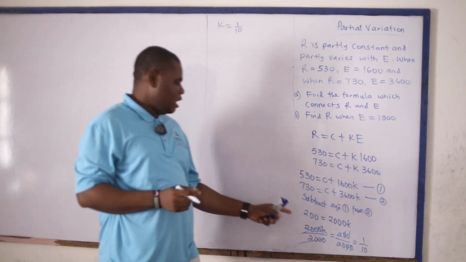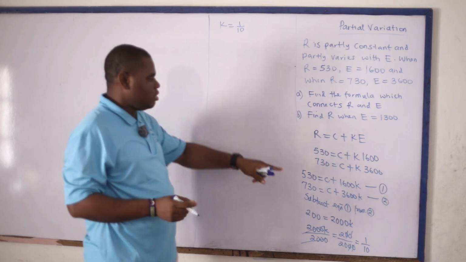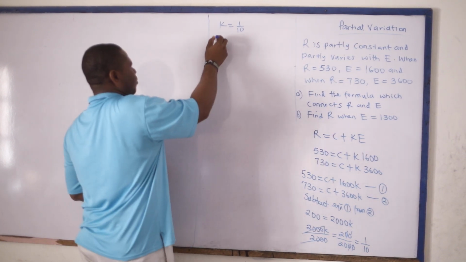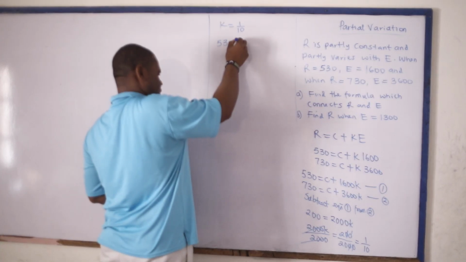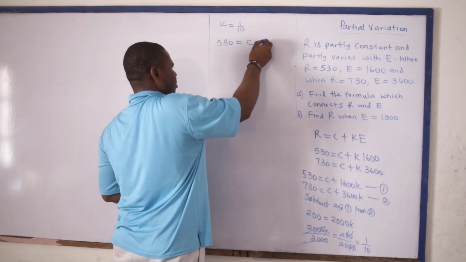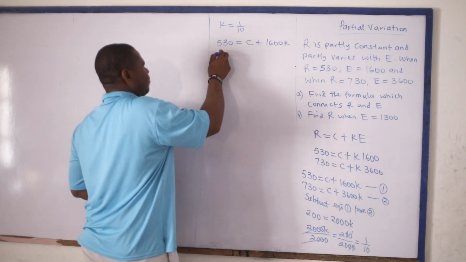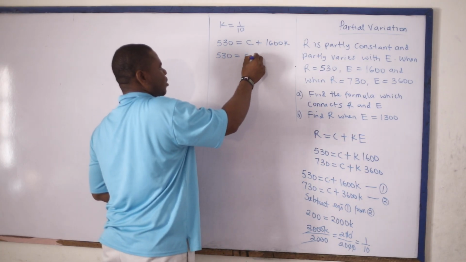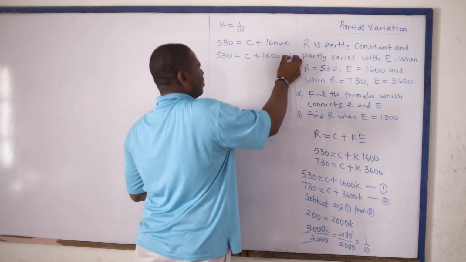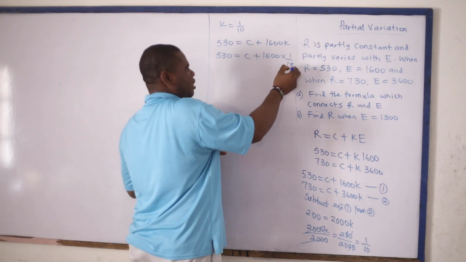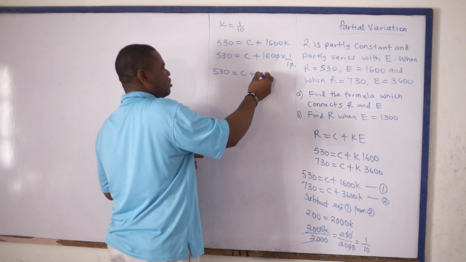Now I need to find C. I'm going to substitute K into equation 1. Equation 1 says 530 equals C plus 1,600K. So 530 equals C plus 1,600 times K, which is 1 over 10. Zero cancels zero, so 530 equals C plus 160.